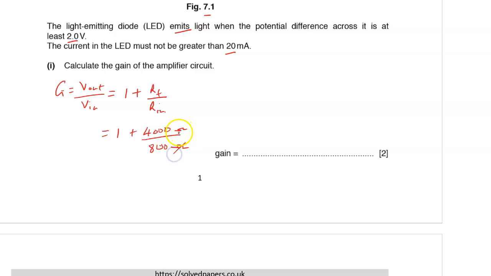The ohms will cancel, and 4000 divided by 800 is 5. So this will be 1 plus 5, which is equal to 6. So the gain will be 6.